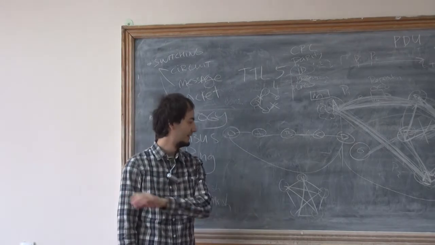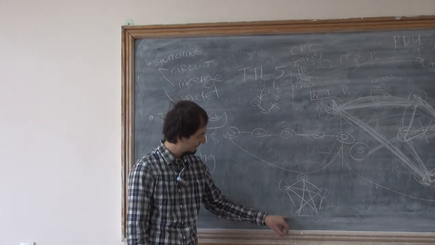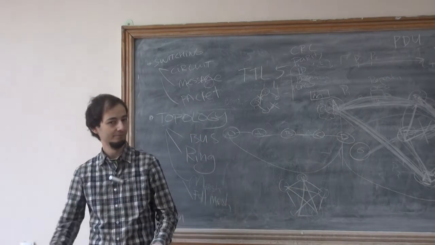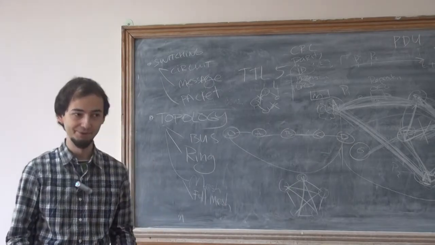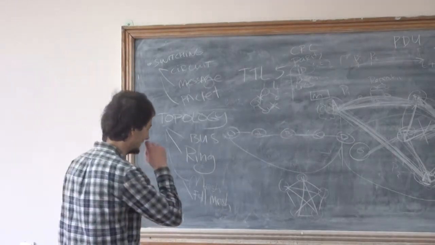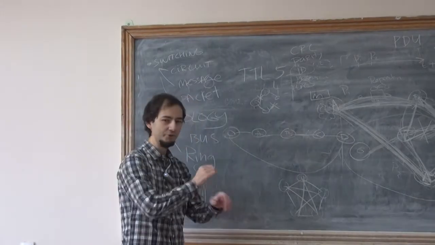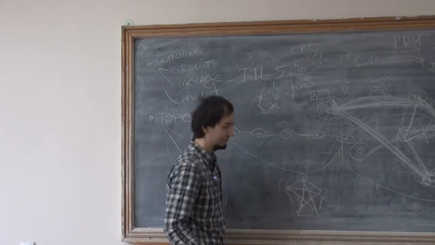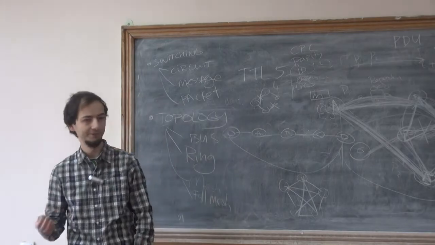So there is a lot of redundancy here, but there's also a lot of reliability. If there is some nuclear blast here, the network is still able to function perfectly.